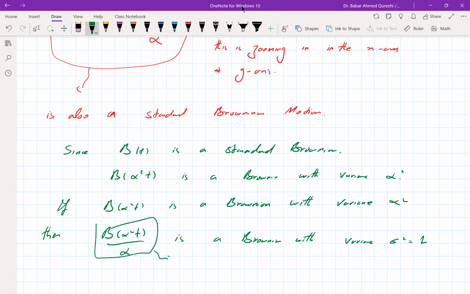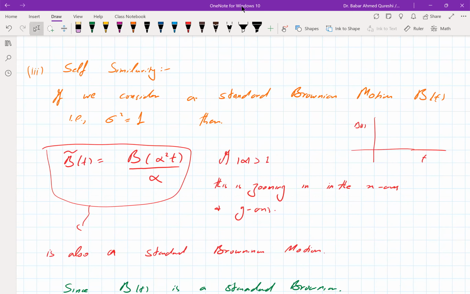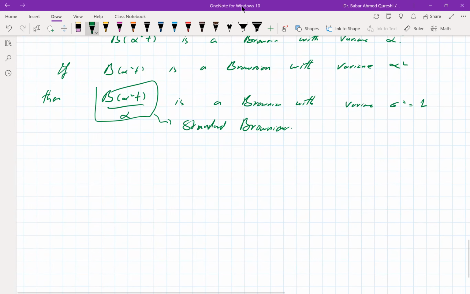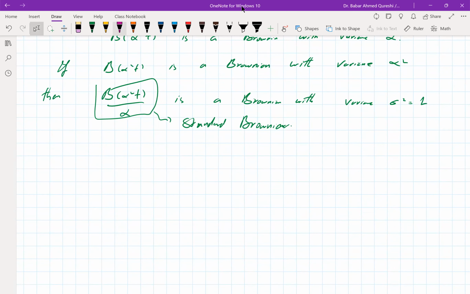So this is a standard Brownian motion. So if you zoom in on the t-axis and zoom in on the y-axis, but you have to zoom in at the square on the t-axis, then the appearance of the graph is the same. It looks exactly the same as the original graph. So in this sense, the Brownian motion is self-similar.